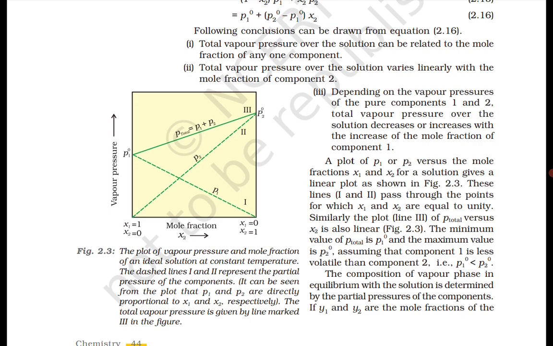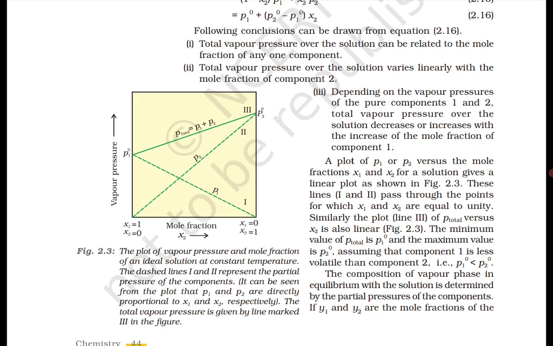The dashed lines 1 and 2 represent the partial pressures of the components. It can be seen from the plot that P1 and P2 are directly proportional to x1 and x2 respectively. The total vapor pressure is given by the line marked 3 in the figure.